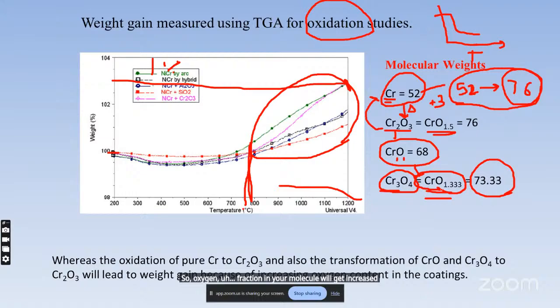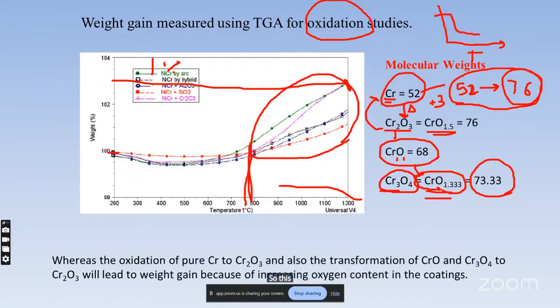Because of that, the oxygen will remain in your sample. Where is this oxygen coming from? This oxygen is coming from the oxidative environment that you are providing to your sample in the TGA furnace. So oxygen will be added into your sample so that your sample will gain weight.